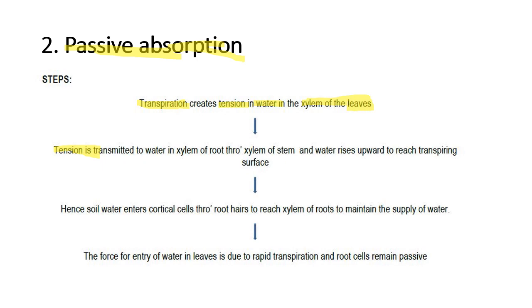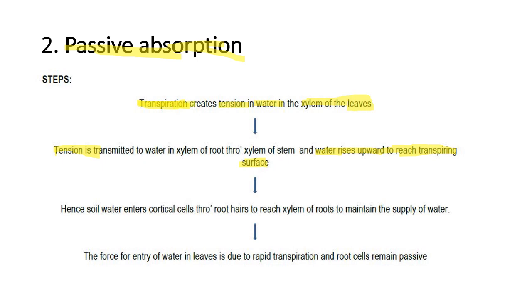So you can imagine the connection of the xylem vessels traveling from leaves, stem and to the roots. Due to this pressure, the water rises upward to reach the transpiring surface, which is your leaves. This tension or pressure created by the process of transpiration maintains a continuous water column.